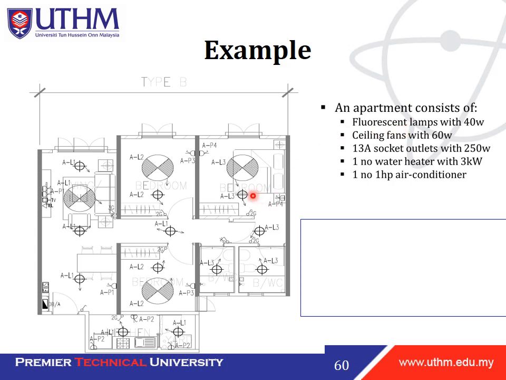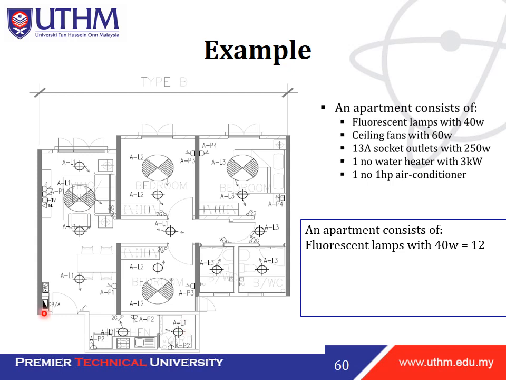So 1, 2, 3, 4, 5, 6, 7, 8, 9, 10, 11, 12. So we have 12 fluorescent lamps with 40 watts.